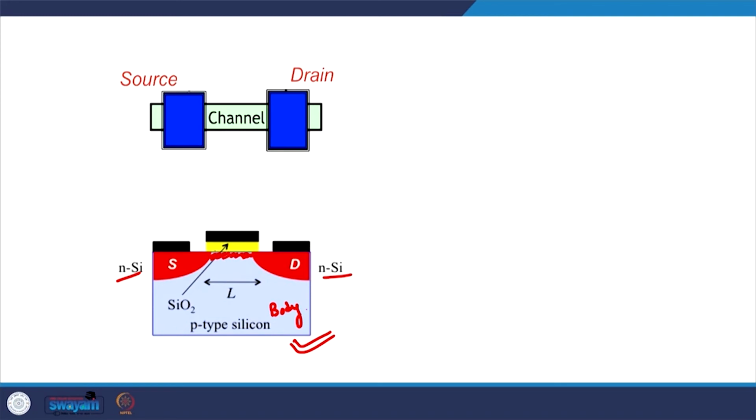Above this region there is a very thin layer of oxide, which is SiO2, silicon dioxide, because we are using silicon as the semiconducting material. On top of that we have a metallic gate, or this might also be an extremely heavily doped semiconductor which behaves like a metal.